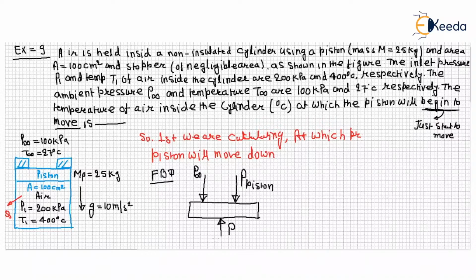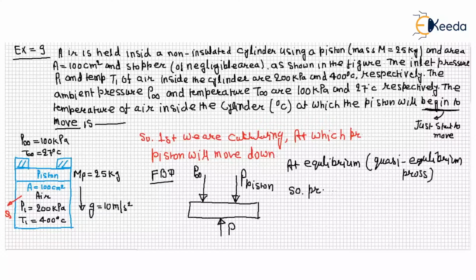Now to calculate this pressure, at equilibrium, in a quasi-equilibrium process, pressure P is given by P infinite plus P of piston.